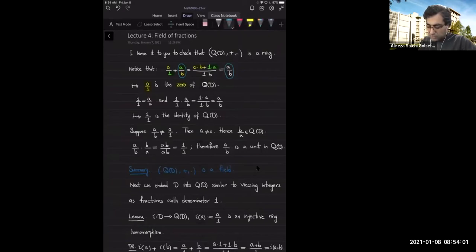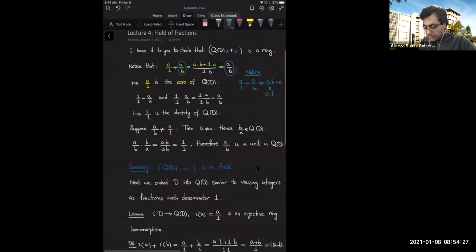It's also useful to write this down, that notice that 0 over 1 is equal to 0 over b for every b, because 0 times b is 0, and it is the same as 0 times 1. So they are equal, and therefore these fractions are the same. So this means 0 over any denominator represents the 0 of these fractions, the set of fractions.